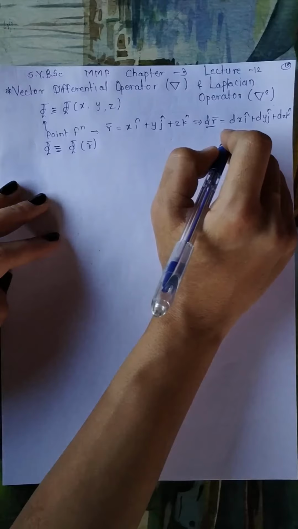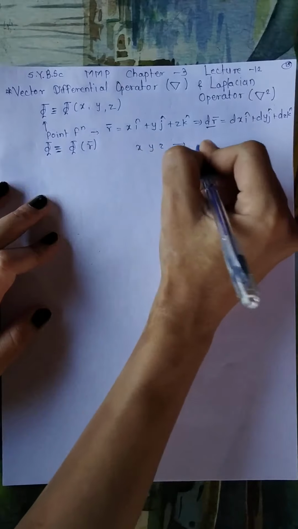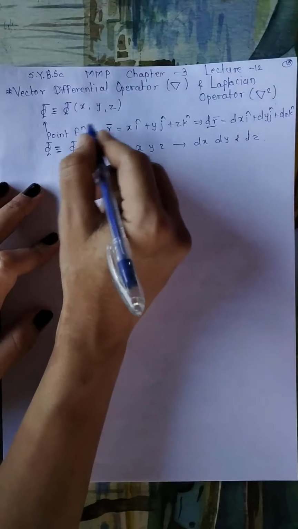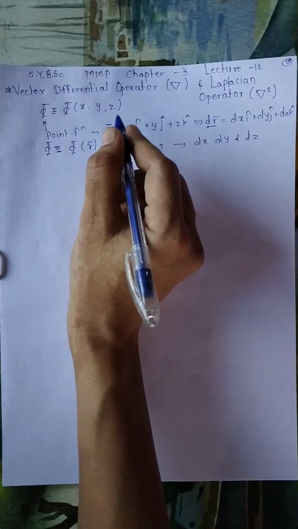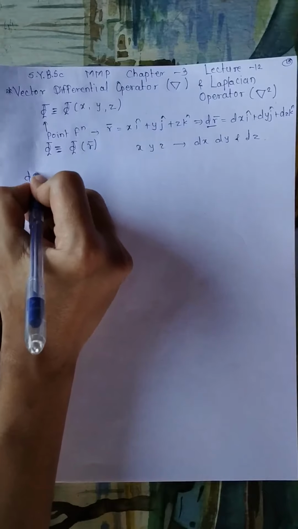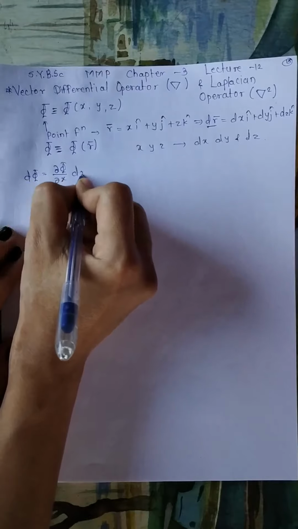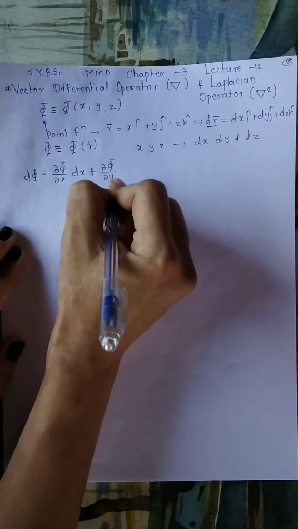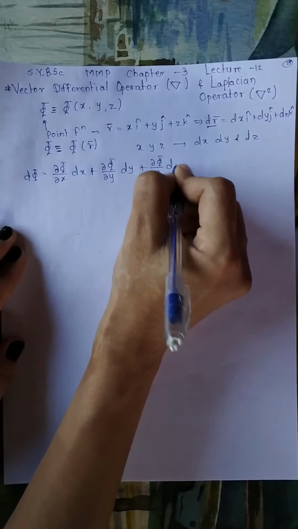Now if there are infinitesimal increments dx, dy and dz in x, y, z, then even though phi is a function of three variables, we can find the total differential as we discussed in the previous lecture, which is given by d phi equals dou phi upon dou x dx plus dou phi upon dou y dy plus dou phi upon dou z dz.